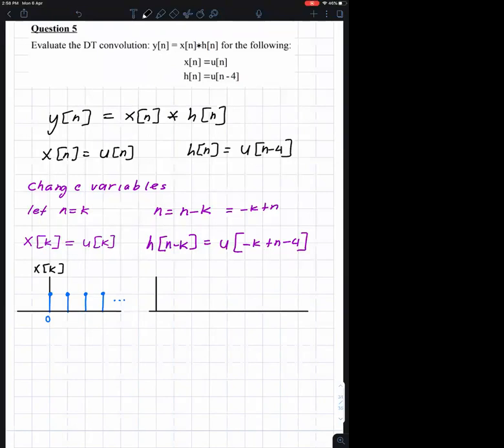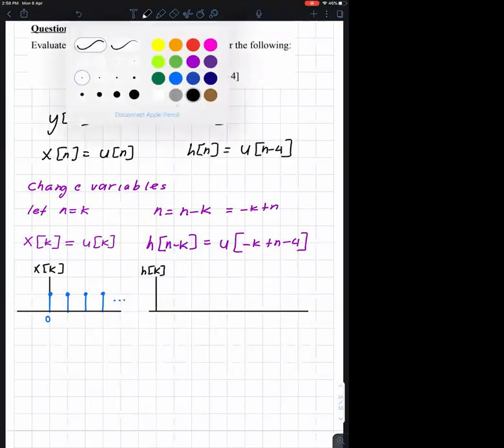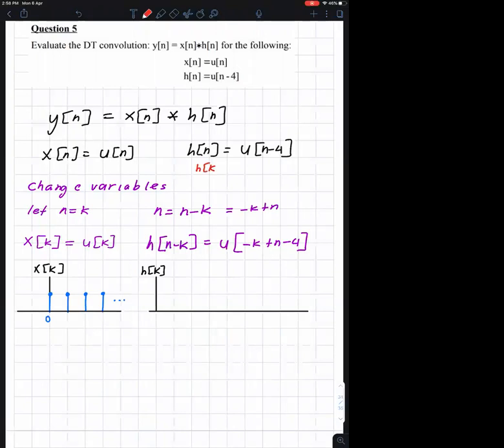First, you sketch h[k], which is just u of k minus 4, a signal that is 0, 0, 0, and then starts at 4.